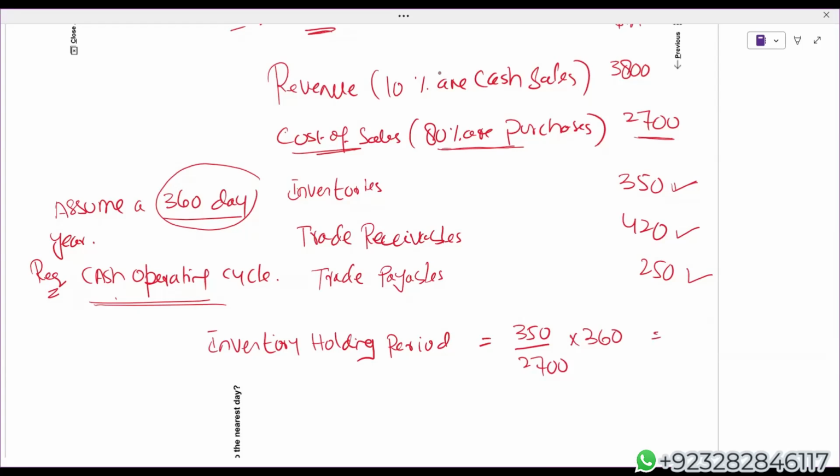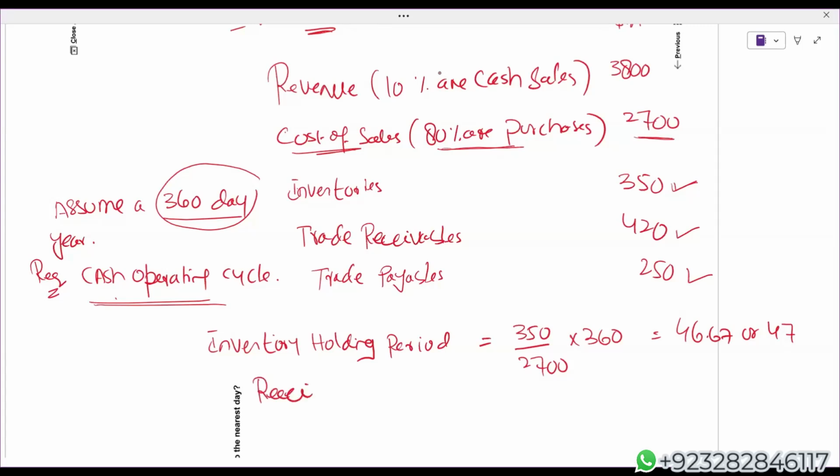And you have to work for the closest days. 350 divided by 2,700 multiply by 360. Student, I'm getting 46.67. Make it 47 days.